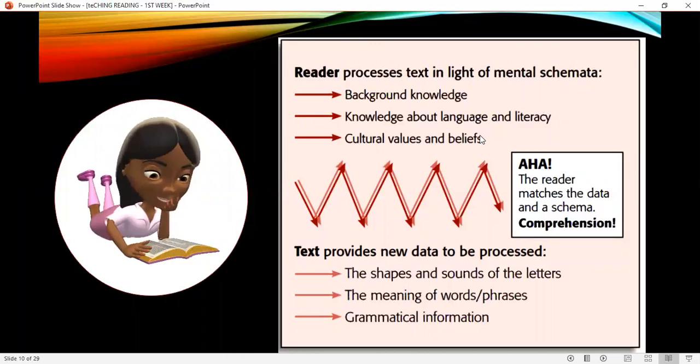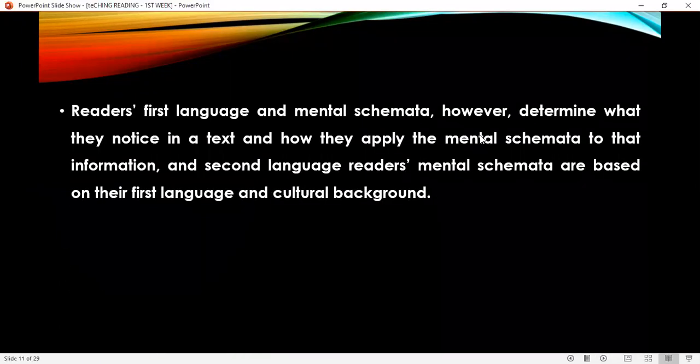All right, now, readers' first language and mental schemata, however, determine what they notice in a test and how they apply the mental schemata to that information. And second language readers' mental schemata are based on their first language and cultural background. In linguistics, there is a term for this aspect: interference.